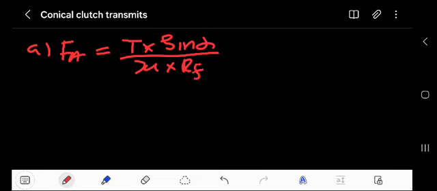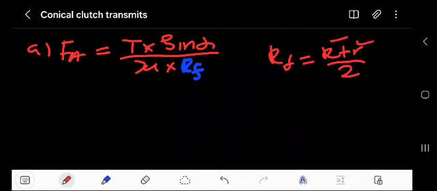So we're supposed to calculate RF, right? Remember, RF is equal to R plus r divided by 2. So we have the big R, but we don't have the small r.